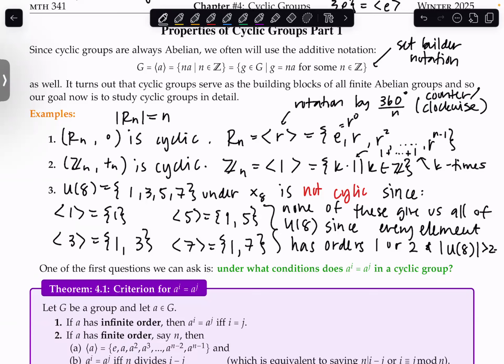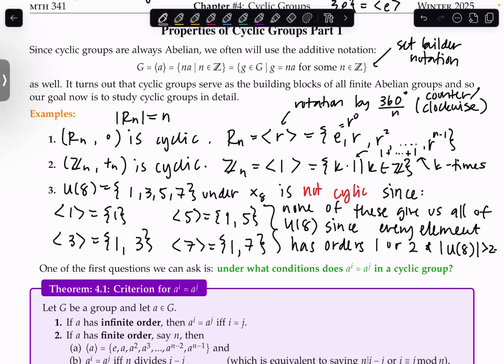Okay, so one first question that we want to be able to answer is under what circumstances will we get that different powers of a give us back the same exact element? Right, and eventually we're going to decide when will these as generators give us back the same group.